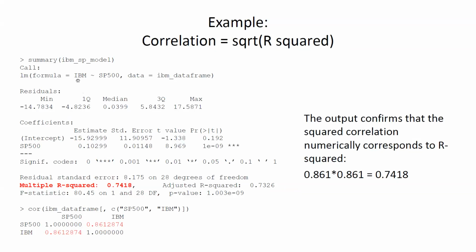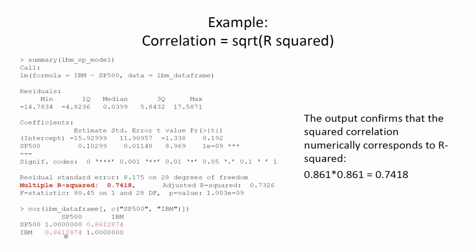So up here we had the formula Y, meaning IBM stock price. How does that relate to the S&P 500? If we look at the correlation between Y and X, between the two variables, here we get the correlation matrix, and we see that the correlation is 0.8612. It's of course symmetrical here, but it's 0.8612.